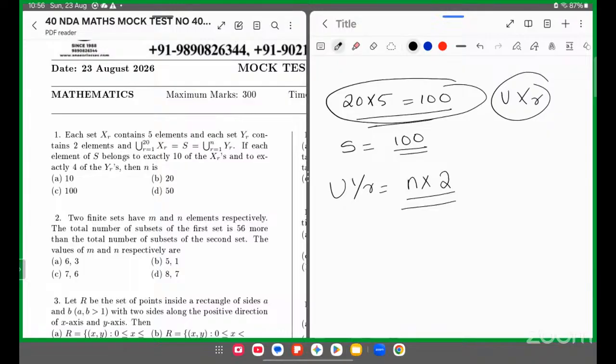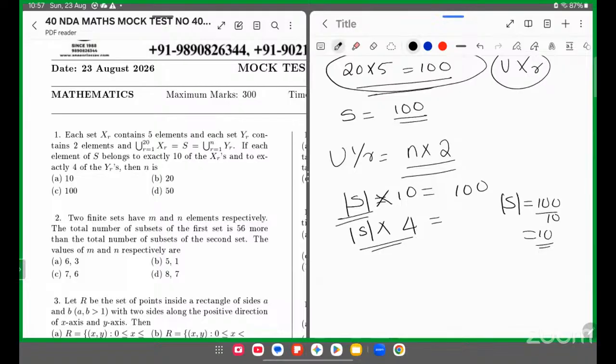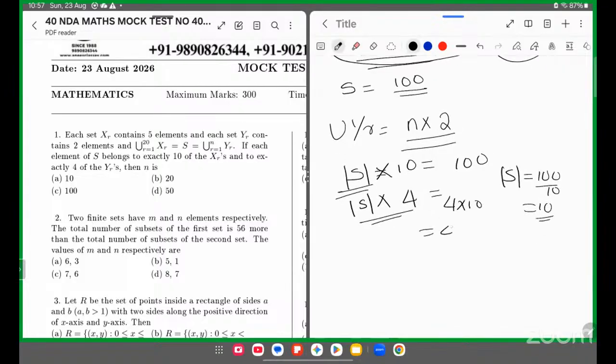So here the condition: if each element of S belongs to exactly 10 of the XR, that means we can say that S into 10 will be equal to 100, and each element of S belongs to 4 of YR, means 4 into S is also equal to something. So S becomes 100 by 10, so it will be 10. 4 into S becomes 4 into 10, which is 40.